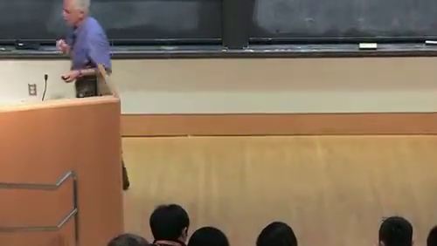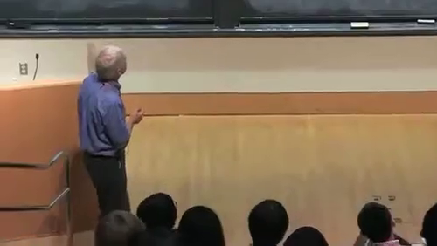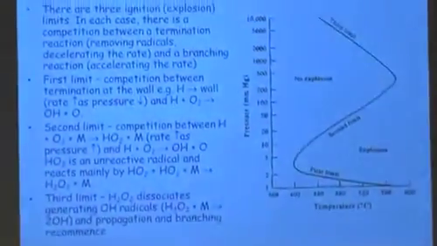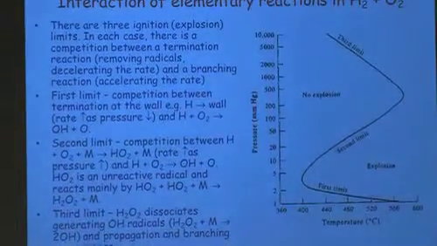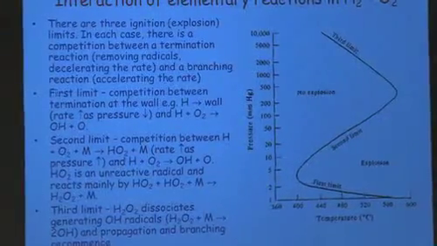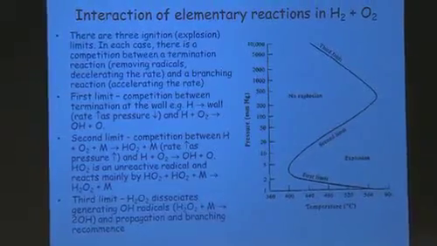But let's have a look at the ignition diagram for hydrogen-oxygen, which you all, I'm sure, know and love. So what we've got here is pressure and temperature, and we get explosion or ignition on this side, and no explosion or no ignition on this side. And we get this interesting three-limit system.